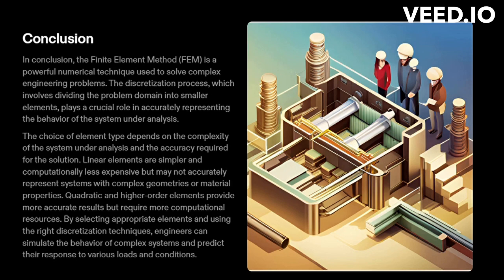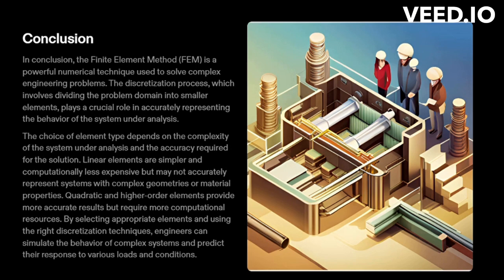Conclusion. In conclusion, the finite element method is a very powerful numerical technique used to solve complex engineering problems. The discretization process, which involves dividing the problem domain into smaller elements, plays a crucial role in accurately representing the behavior of the system under analysis. The choice of element type depends on the complexity of the system under analysis and the accuracy required for the solution.